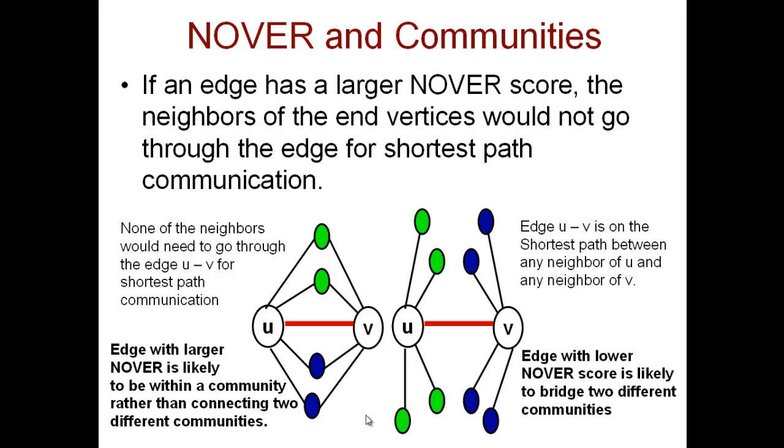So the idea is this: you find the neighborhood overlap scores of the edges and remove the edges that have a lower neighborhood overlap score, observe the partitioning of the network into communities, and then use the modularity evaluation as the basis to decide how to partition the network.